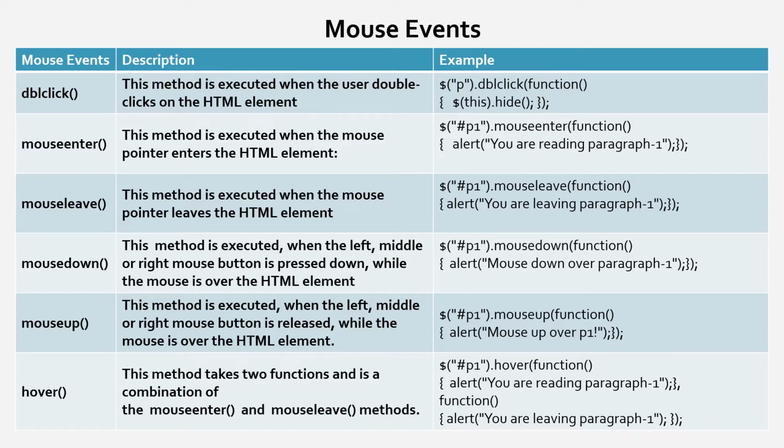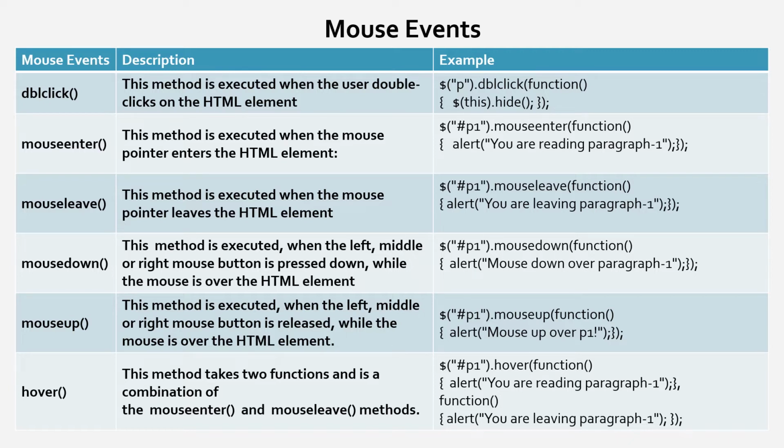Then you get mouse down: when the left, middle or right button is pressed down while the mouse is over the HTML, you will get an alert for mouse down over the paragraph. Similarly, mouse up is also similar to this.